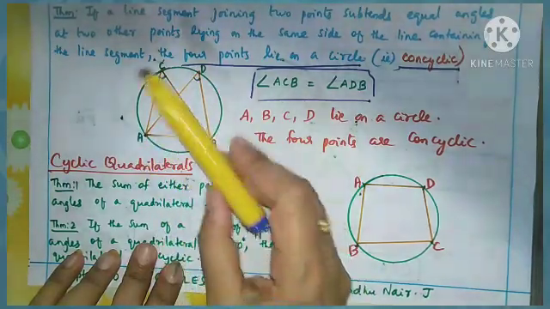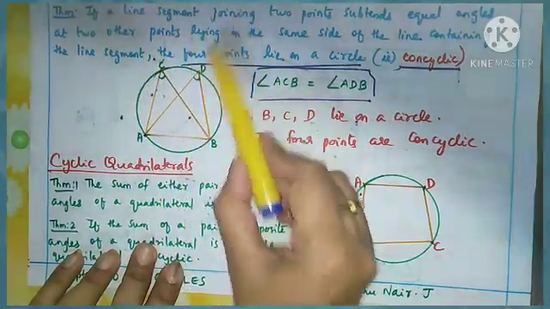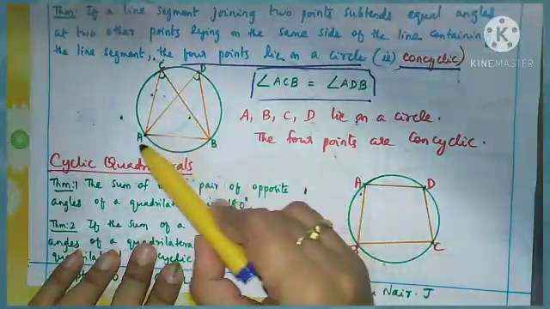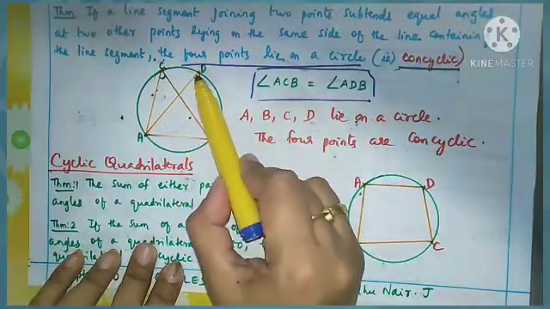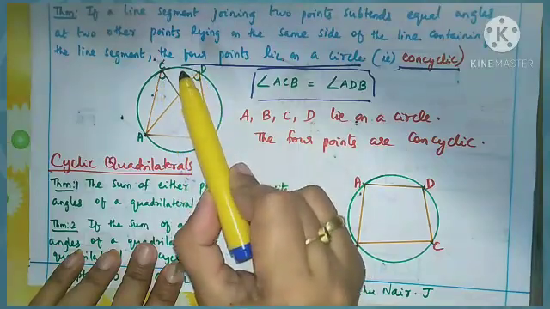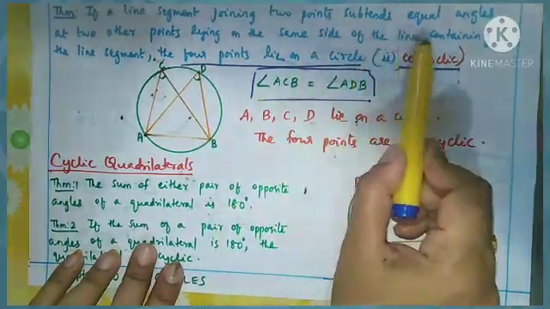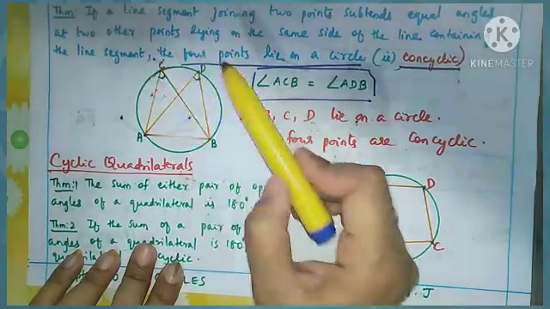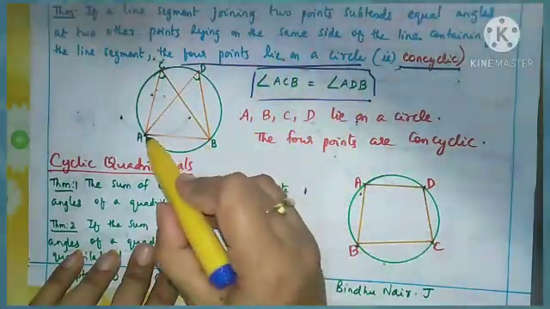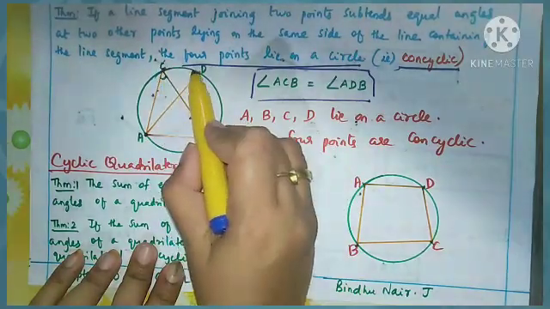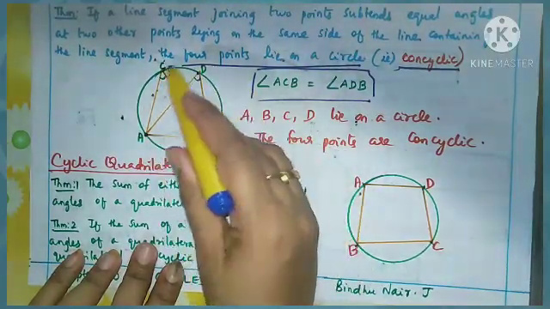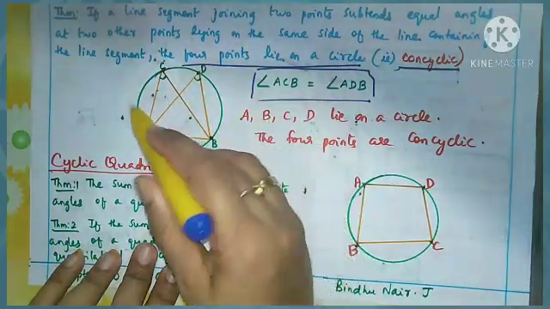Okay. So this is the result we are getting because angle C and angle D are on the same segment of the circle. So if a line segment joining 2 points A and B subtends equal angles at 2 other points that lie on the same side of the line containing the line segment, then what we can say? This A, B and this C, D, these 4 points lie on a circle.